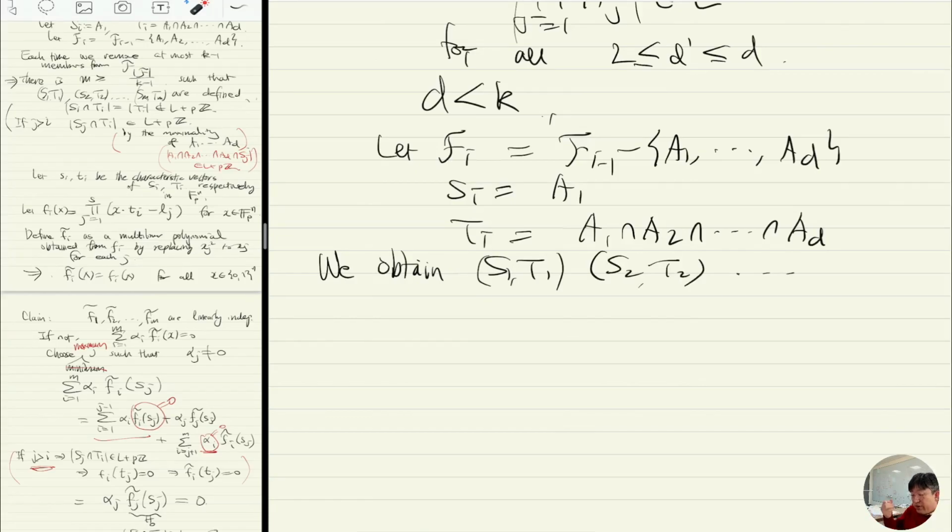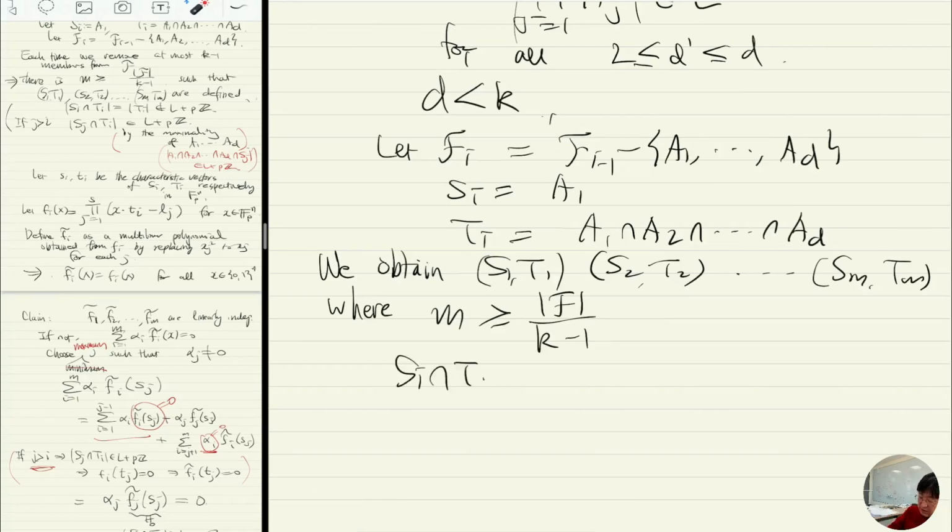Each time we remove at most k minus 1 of them, so m is at least this much. Now look at the conditions. The cardinality of S_i intersection T_i is equal to the cardinality of T_i, because in both cases this is true.